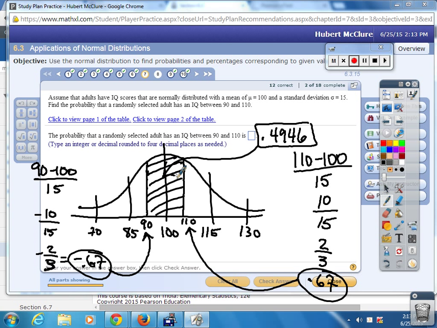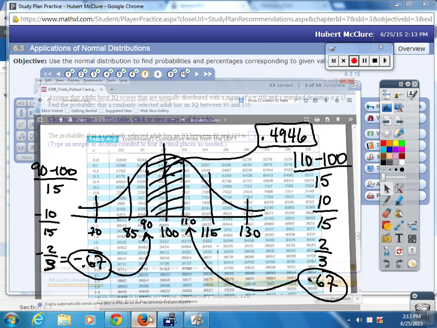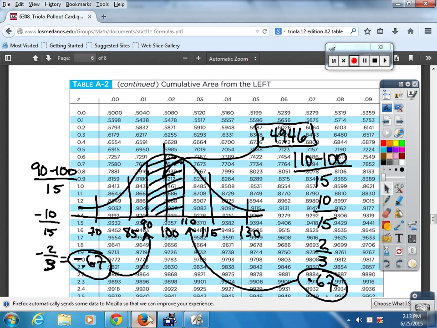Now, if you didn't use your calculator and go between negative 0.67 and 0.67, then you would have to use your table and find 0.67. 0.67, 0, 1, 2, 3, 4, 5, 6, 7 is 0.7486. Somebody write that down. 0.7486.